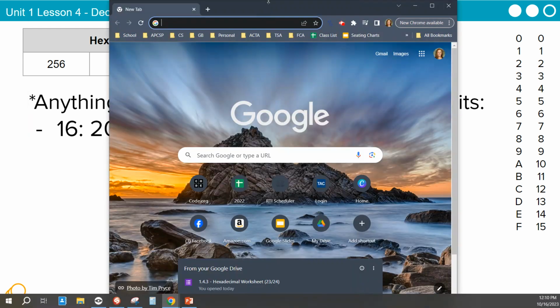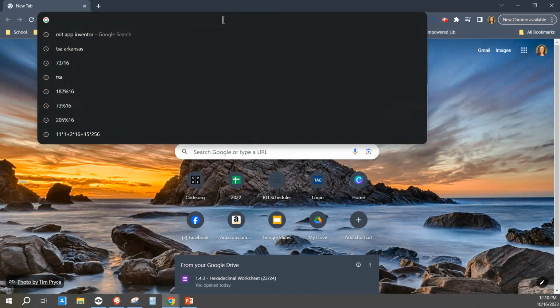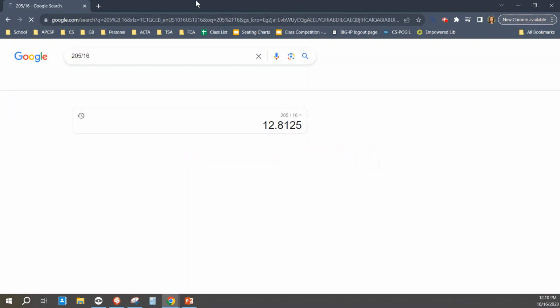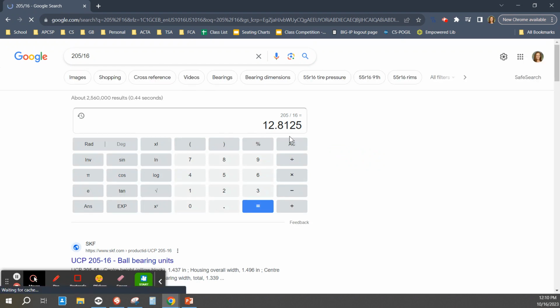If I type into my calculator 205 divided by 16, the answer is 12.8125. When we're doing these conversions, that decimal doesn't matter. We're going to truncate, which just means you completely delete it. I don't round it. I don't even act like it's there. All I want is the integer in front of my decimal point.